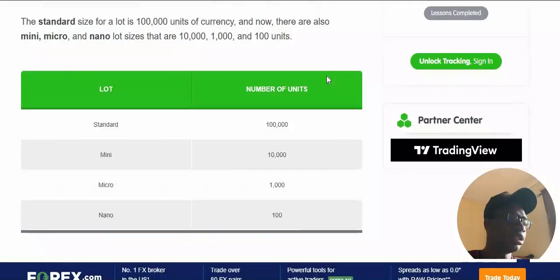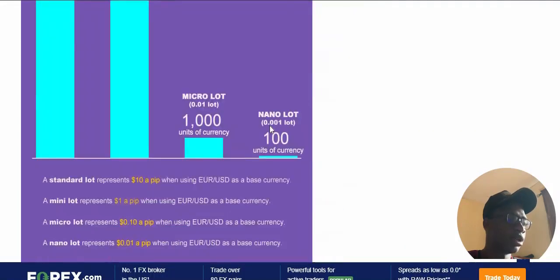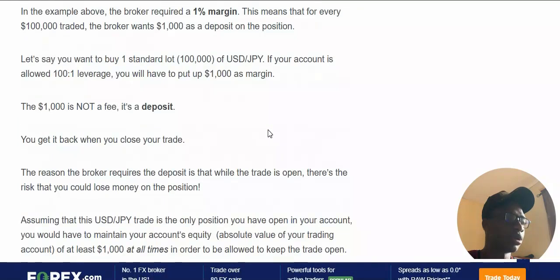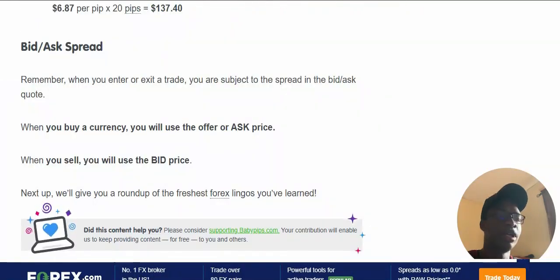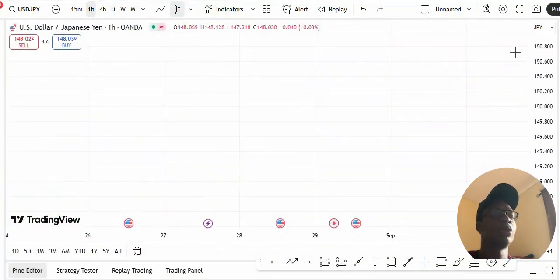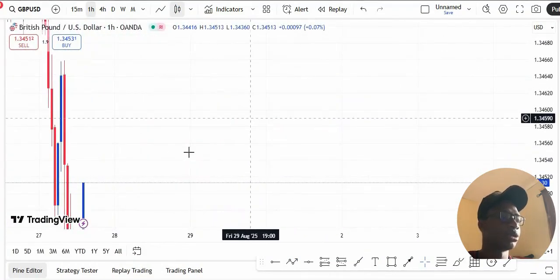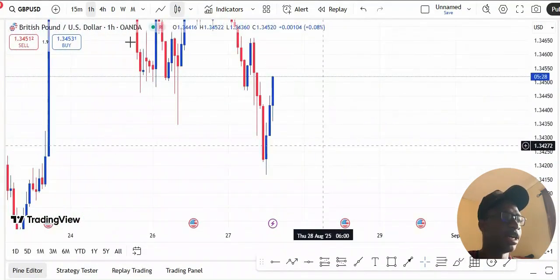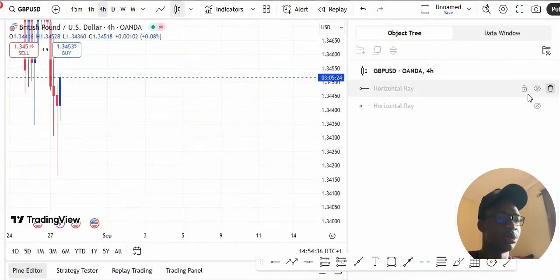Now let me explain something for you guys. Let's go to the chart. Now, let's say for example we're on GBP USD. Remember I said, oh my god, I knew this thing was going to go up.